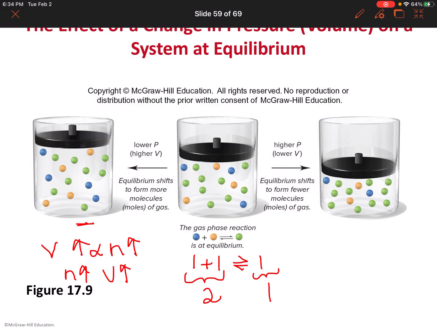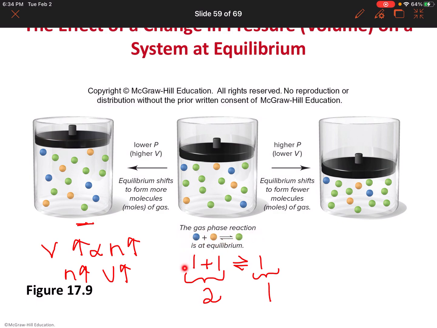Number of moles needs to increase. How can we make the number of moles increase? Is it making more of the products or going from products to reactants? If you make it a forward reaction, then you are shrinking, you are making fewer moles. But since we are increasing the volume, the number of moles needs to increase. How can we make the number of moles increase by shifting the equilibrium to the right or left?